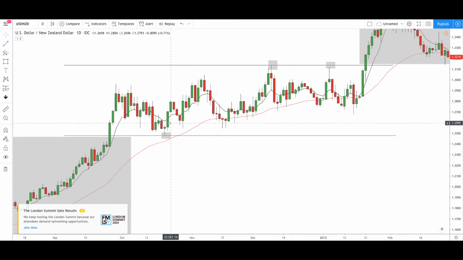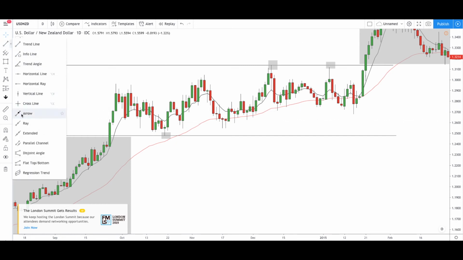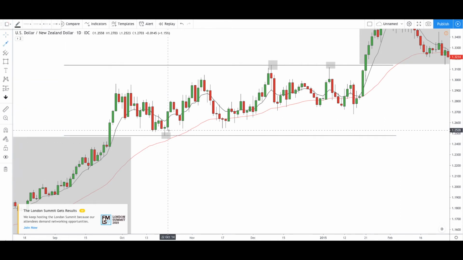So let's say for example you did enter the market. Now where would you get out? Let's say you entered here. You are now buying, because remember, you buy if it bounces off support and you sell if it bounces off resistance. So let's say you bought.